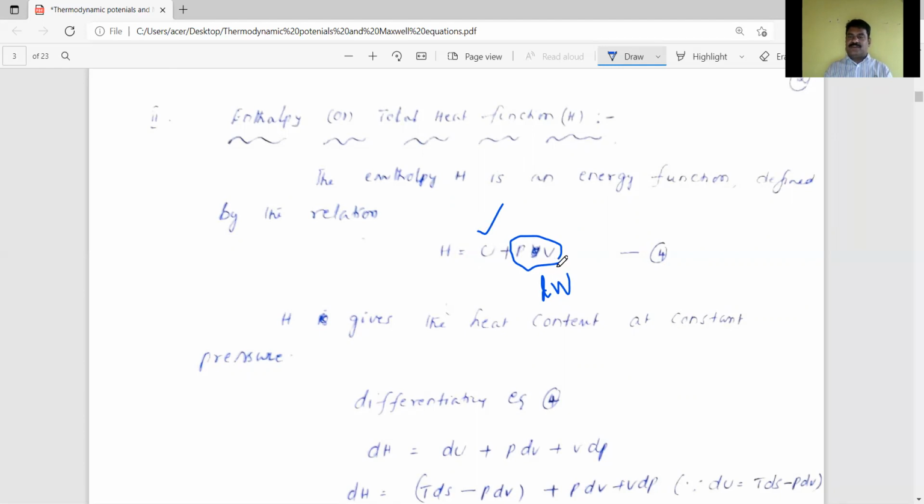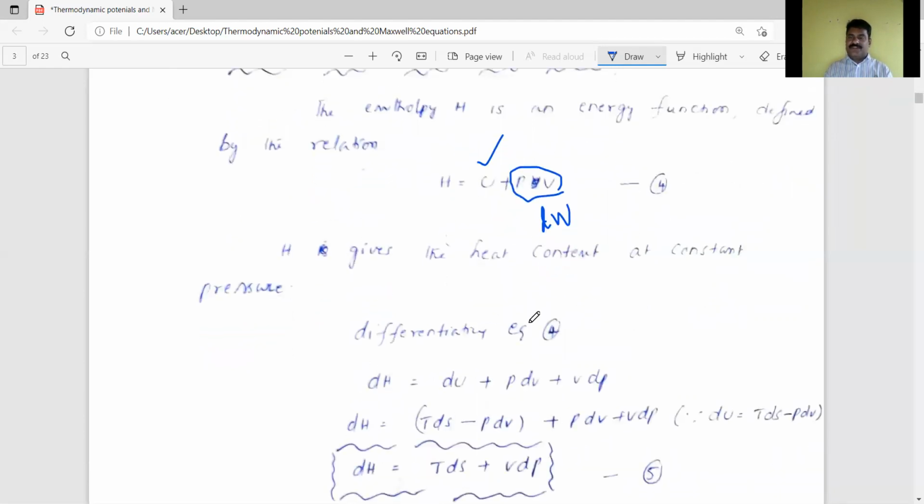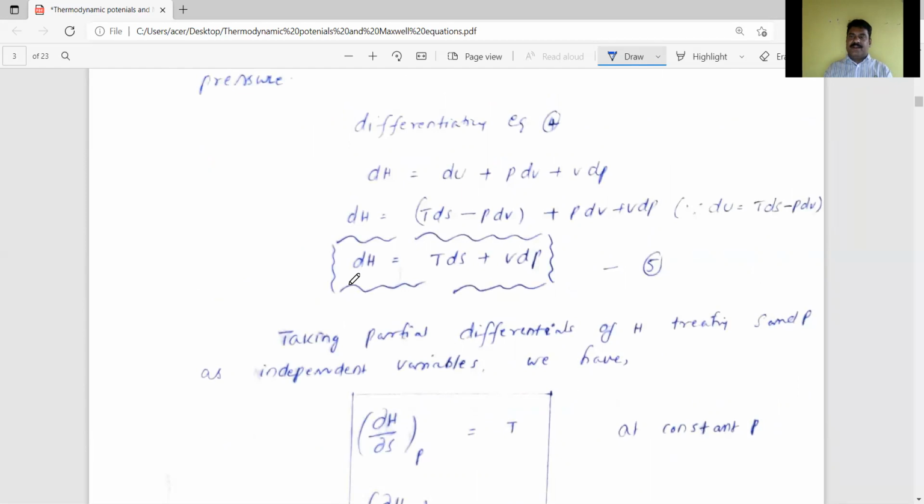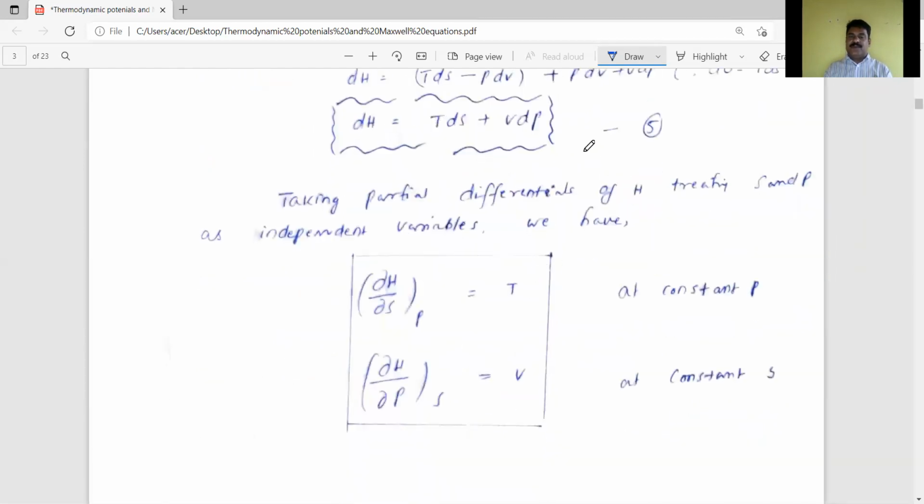Differentiating and substituting the value of dU, you get dH equal to TdS plus VdP. From that, at constant S and at constant P, you can get these two values.